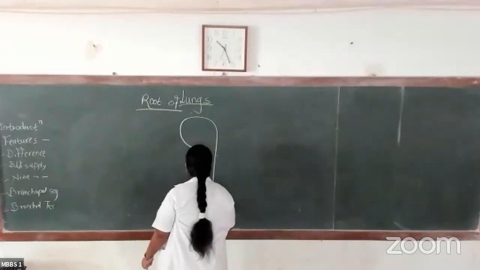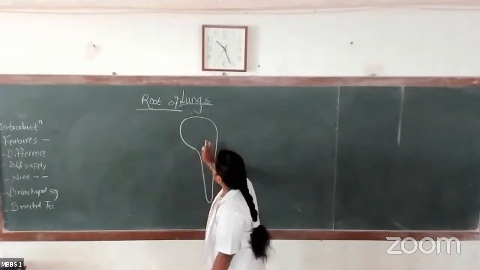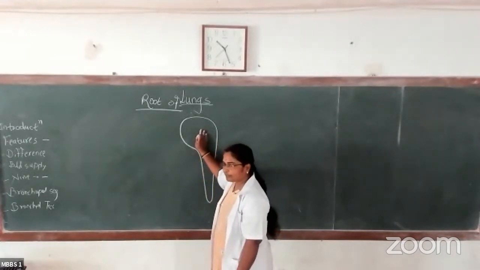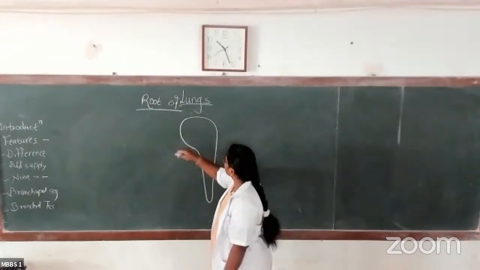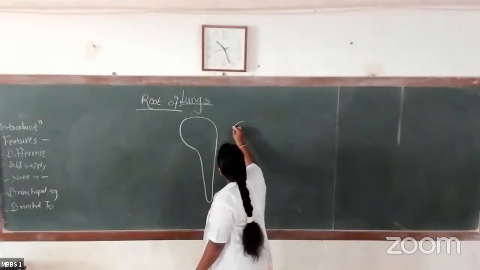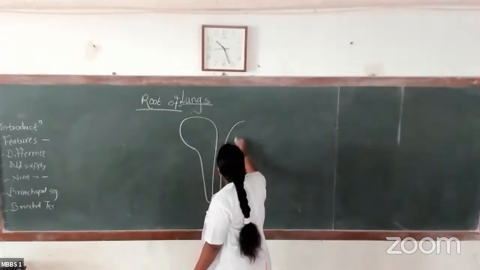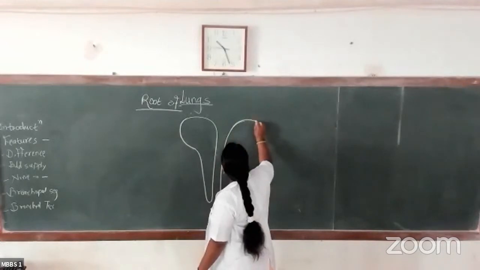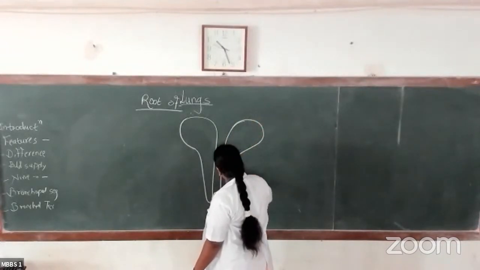So what is it? It is a short, broad pedicle which connects the medial surface of the lung to the mediastinum. Now the arrangement of structures is again different in case of both the lungs.